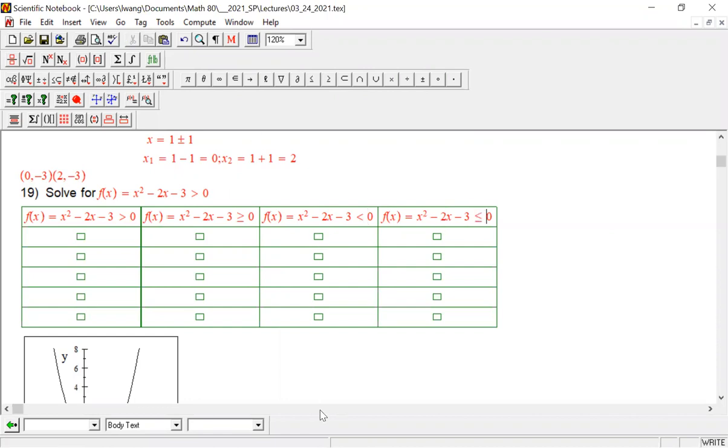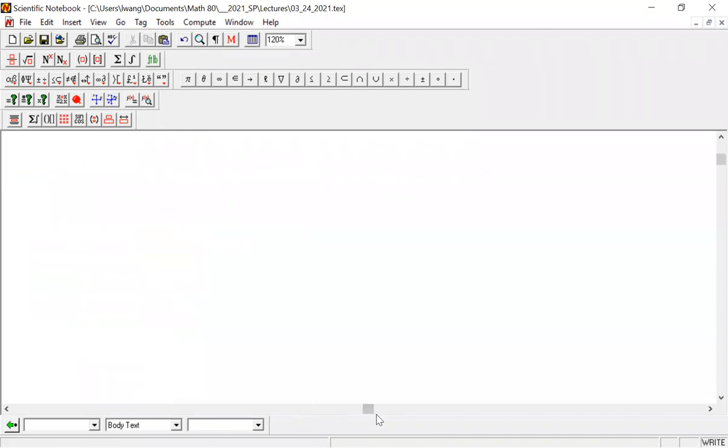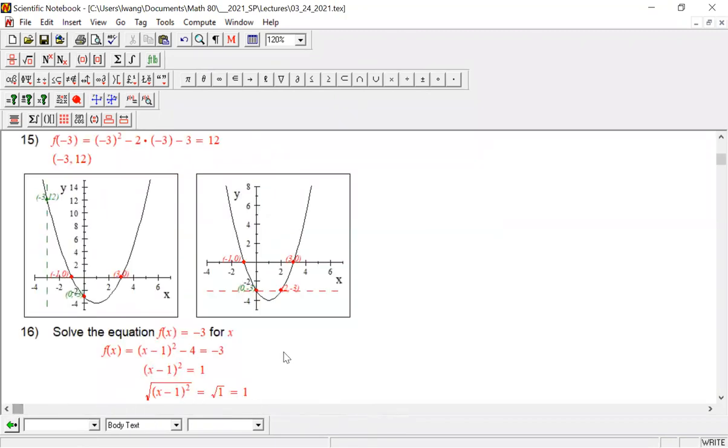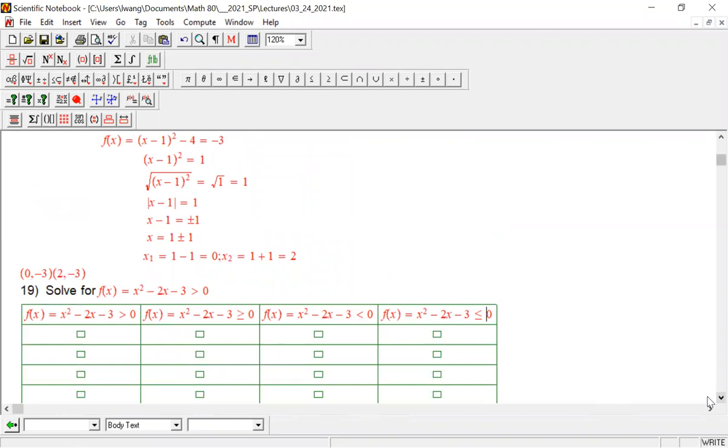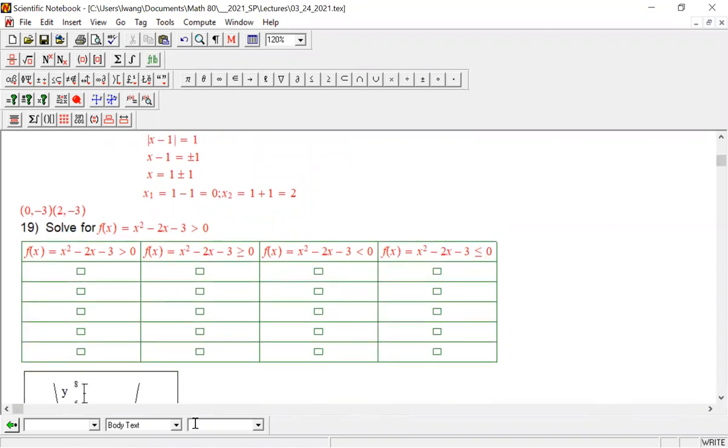It's pretty much the same drill, but once you understand the meaning, the answer is so obvious.